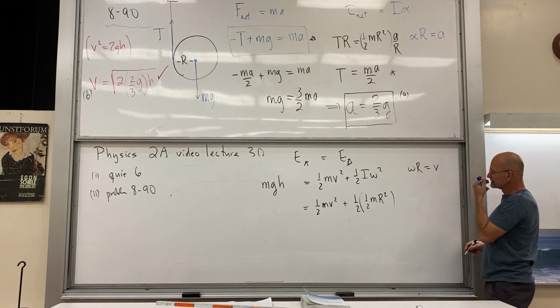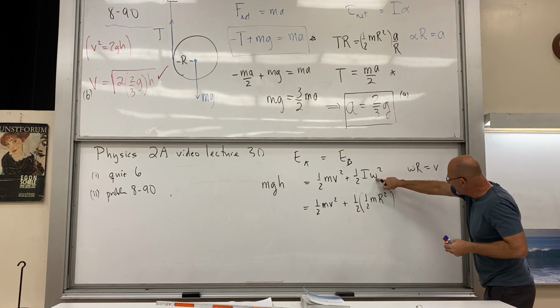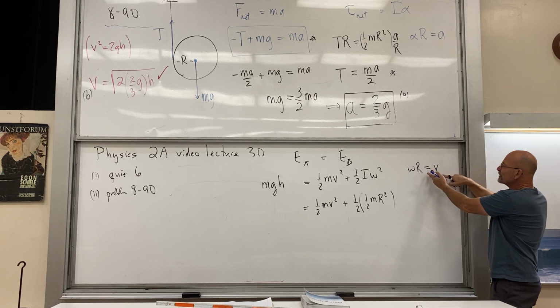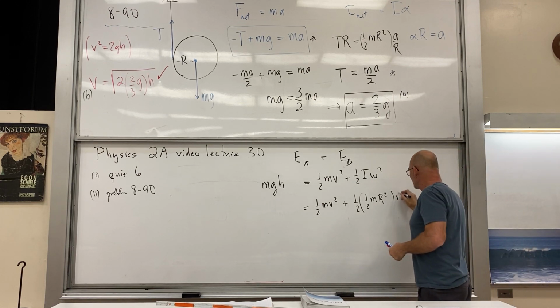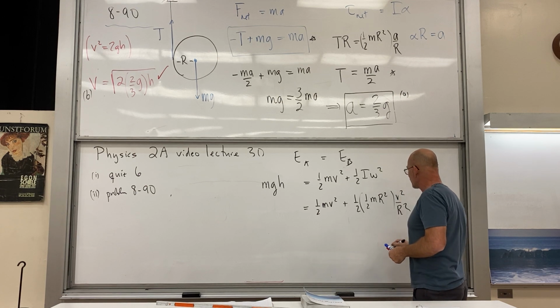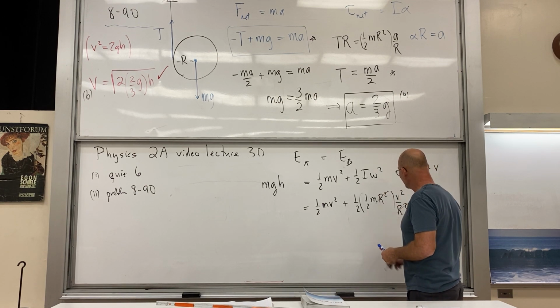So the omega squared is going to be v divided by r squared. I divide both sides here by r, so v squared divided by r squared, that's going to cancel these.